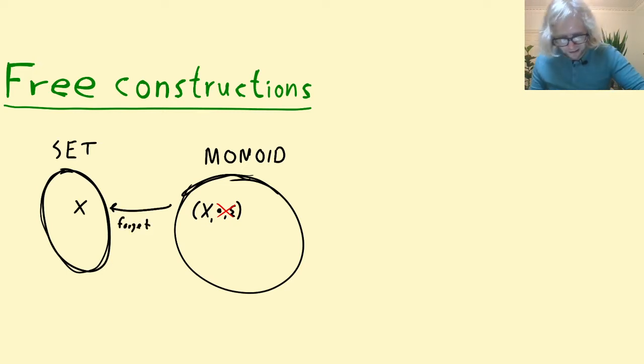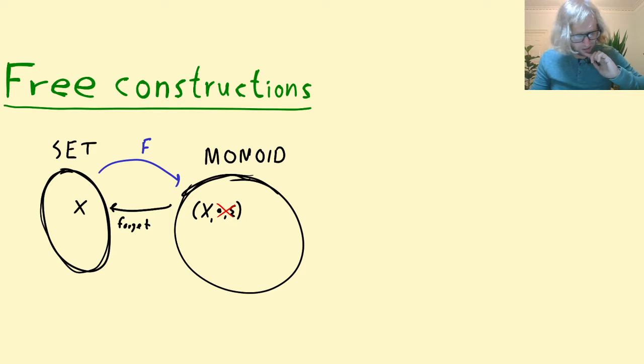But now let's say that we want to go the other way. So we want a way to turn a set into a monoid in the cheapest way possible. That is, we should make it a monoid, but we shouldn't make any other extra choices. So I want f of x to be a monoid, and I want it to satisfy no other equations.